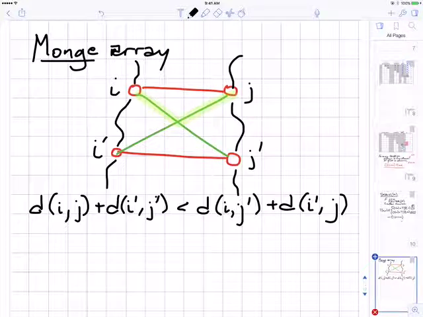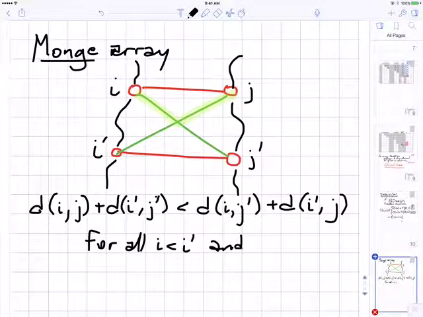That matrix is called Monge if this inequality holds for all indices i less than i prime and j less than j prime. That's what a Monge array is. It's an array that satisfies the same conditions as Euclidean distance.